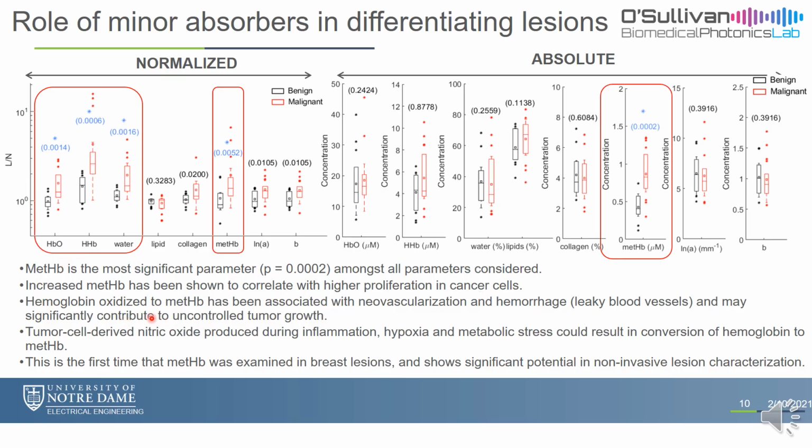Also, hemoglobin is oxidized to form methemoglobin in tissue conditions such as neovascularization and hemorrhage or leaky blood vessels, which is usually found in malignant conditions that can lead to uncontrolled tumor growth. Also, tumor cell-derived nitric oxide, which is produced in conditions like inflammation of the tissue, hypoxia, or metabolic stress in the tissue, could also result in conversion of hemoglobin to methemoglobin.